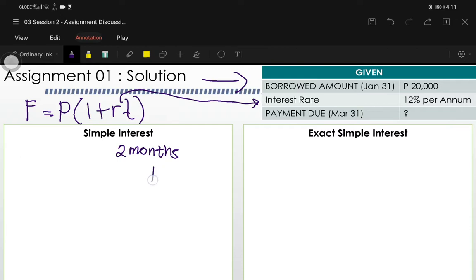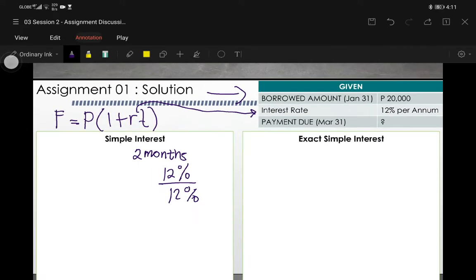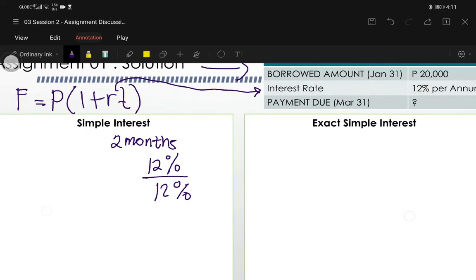Given that you have 12% divided by 12 months, that would mean that the interest rate every month is at 1%. Okay, now we know that the interest rate is 1% per month.